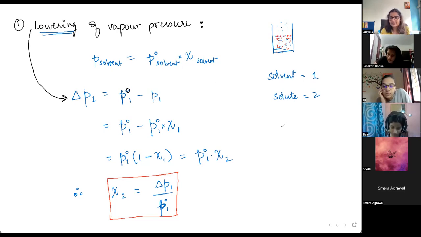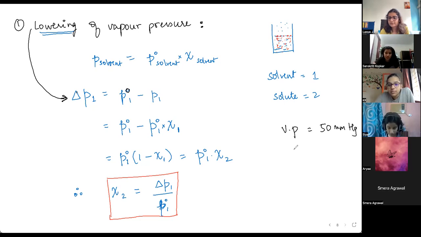For example, let's say the original vapor pressure was a random value, 50 mmHg. P naught 1 is of the pure solvent, and when we add the solid solute into it, it becomes P1. So we need to find the change. Correct.